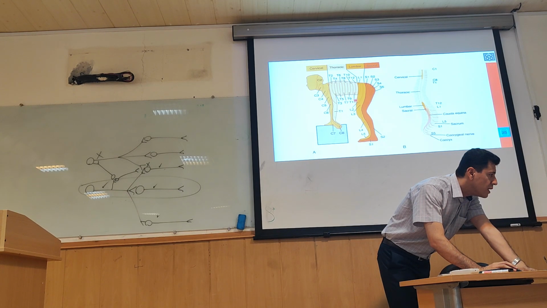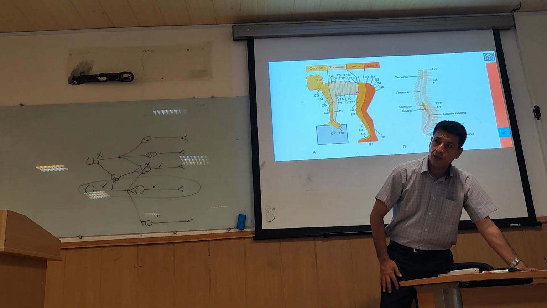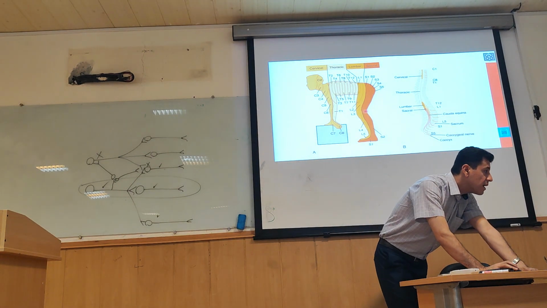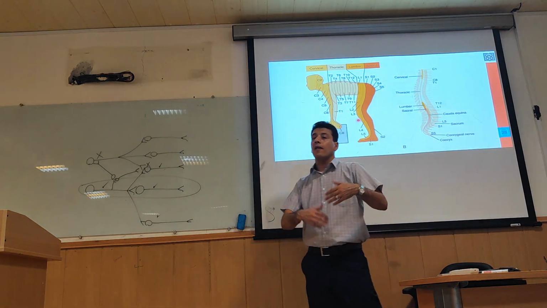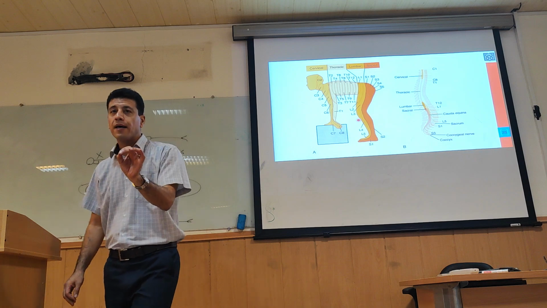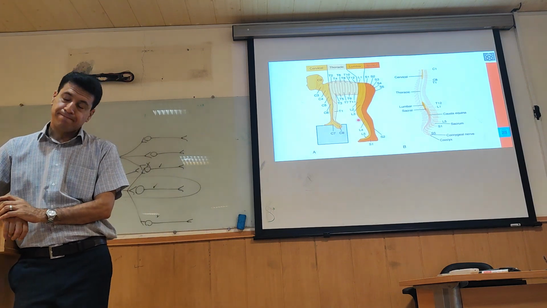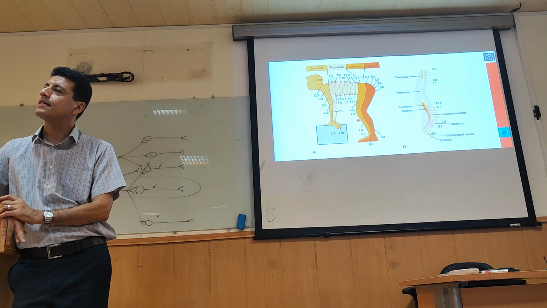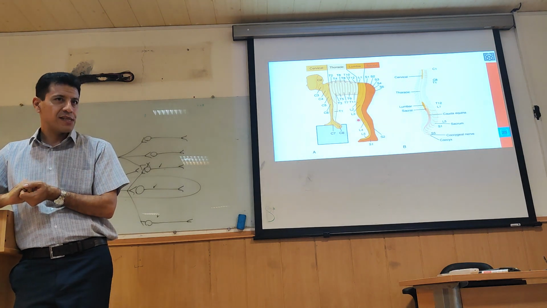L2 causes a problem in sensation from the internal side of the body. L3 also here. So based on this, you can localize the place of injury in the spinal cord. Okay, that's all about the position sensation and touch sensation.